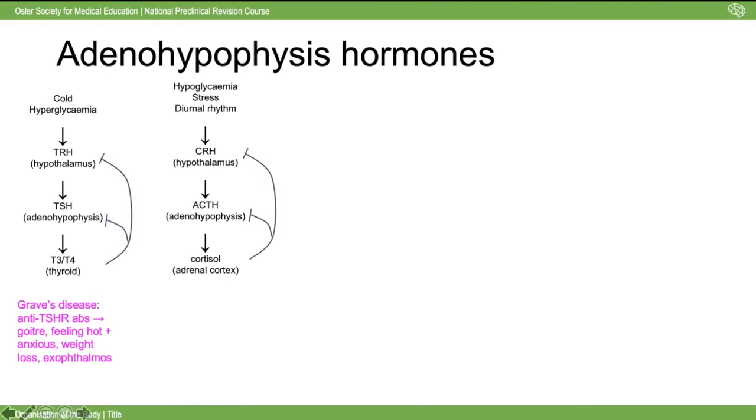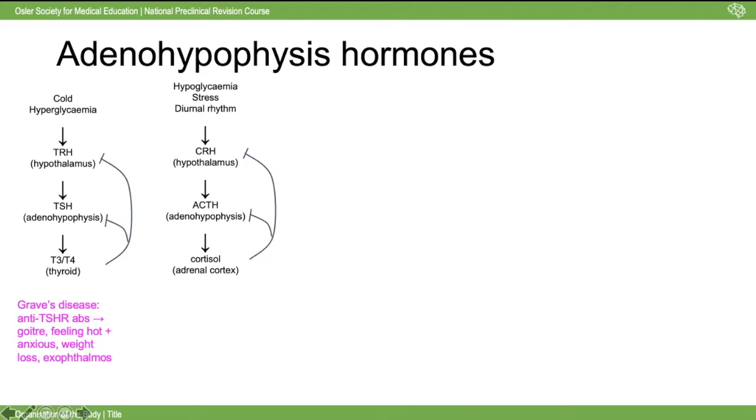So ACTH, during times of hypoglycemia or stress, the hypothalamus releases CRH, which travels via the hypothalamo-hypophyseal portal vessels to the adenohypophysis. And the adenohypophysis releases ACTH into the blood, and ACTH acts on the adrenal cortex to stimulate it to release cortisol.